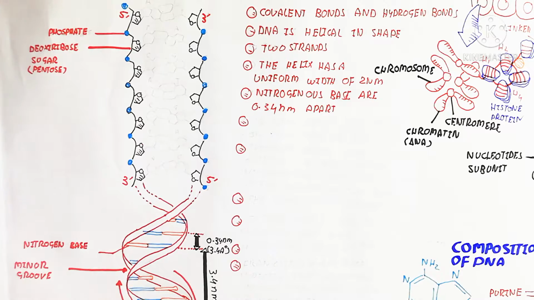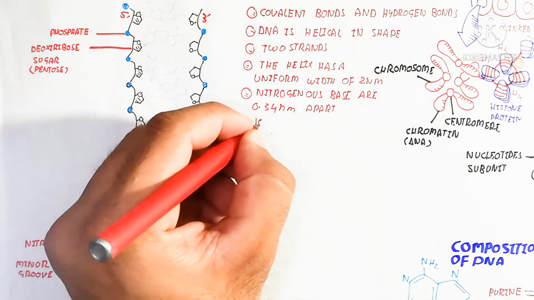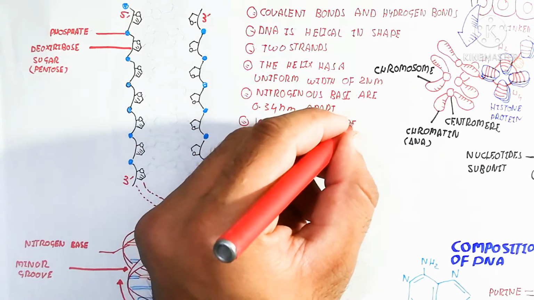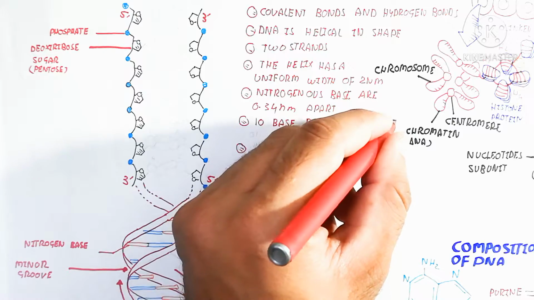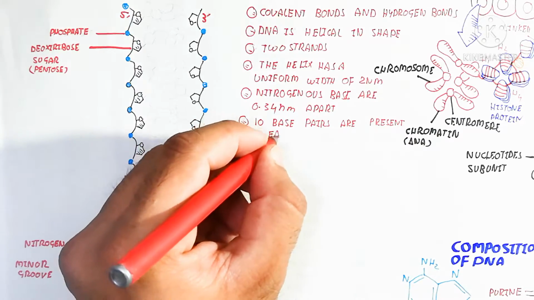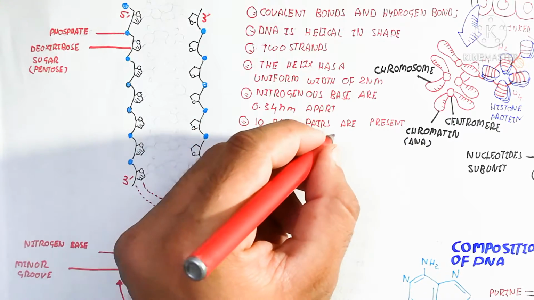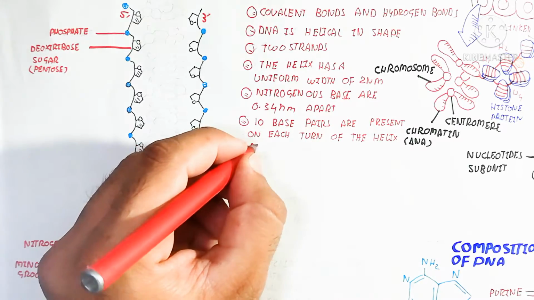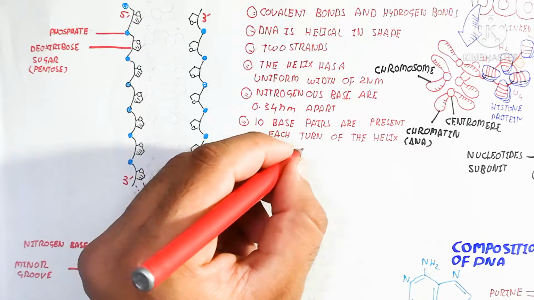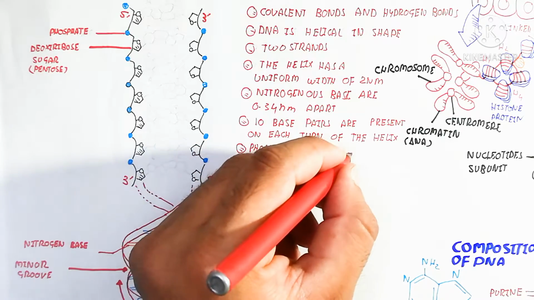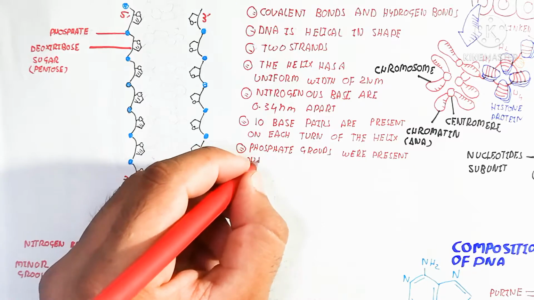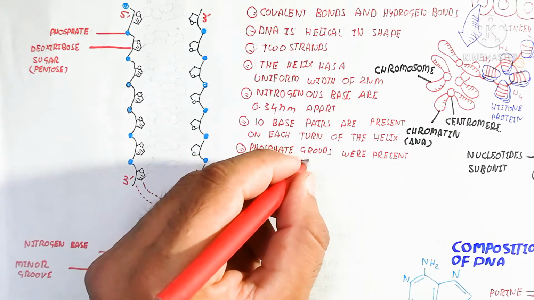We will discuss that 10 base pairs are present in each turn of the helix. The phosphate groups are present outside the helix, but the nitrogenous bases are present in the interior of the double helix, and the nitrogenous bases of one strand and the second strand attach by hydrogen bonding.